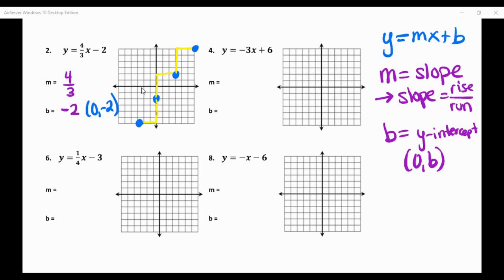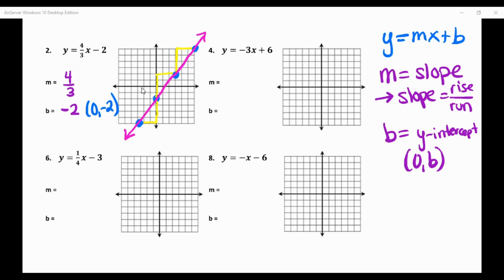For a positive slope, you need either both positive directions or both negative directions. So now we're ready to graph this line. We're going to connect the points and extend with arrows.